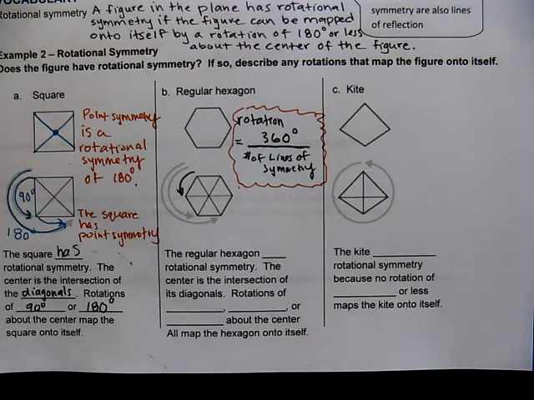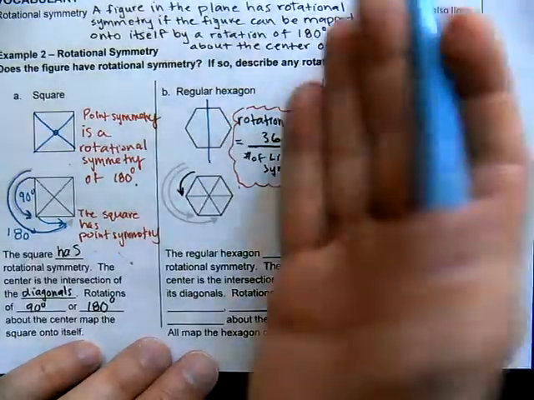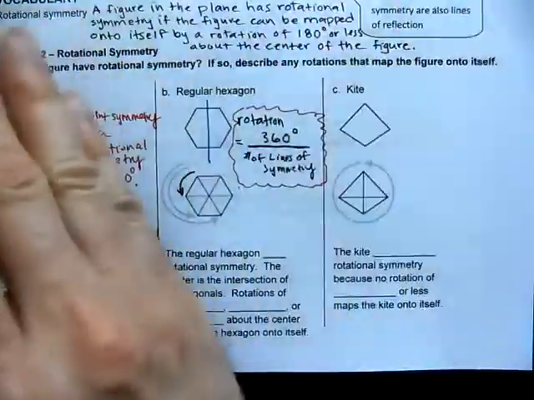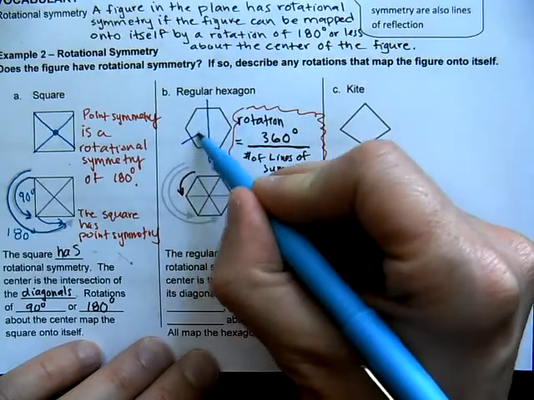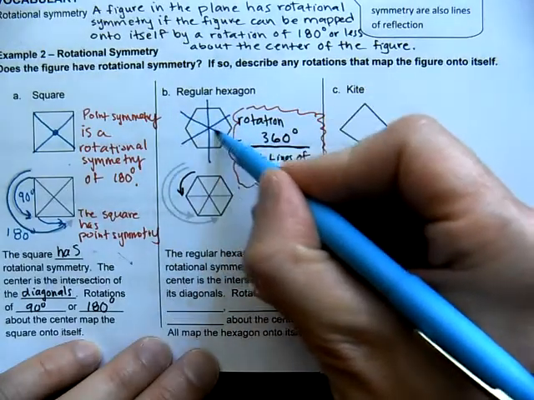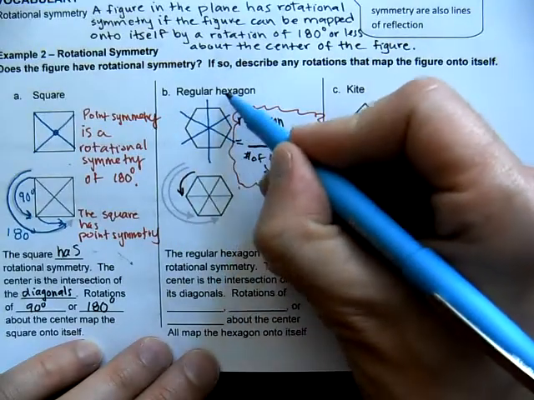So the question is, how many lines of symmetry do we see here in our hexagon? We have 1, right, because you can reflect it right side over left side. So from side to side, so that's 1, 2, 3, but then we can also go from vertex to opposite vertex.